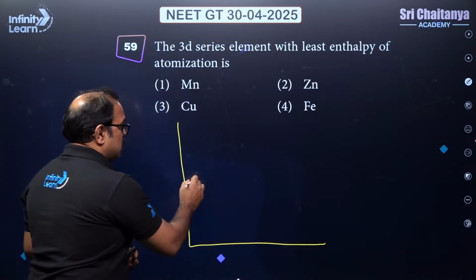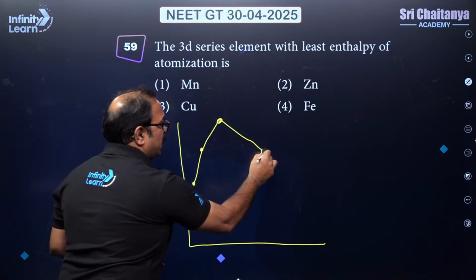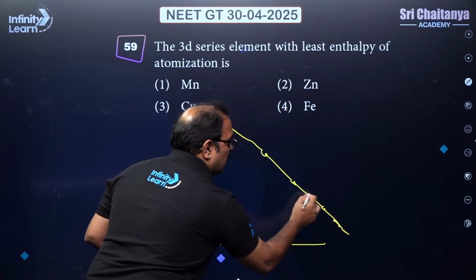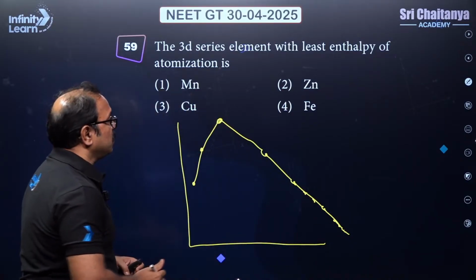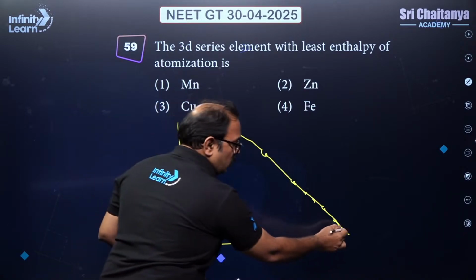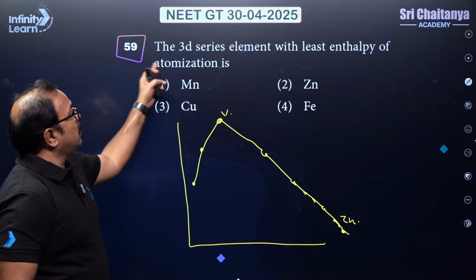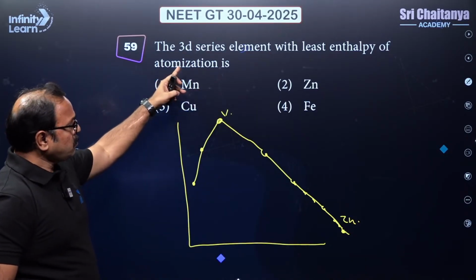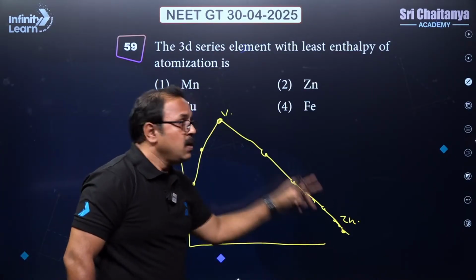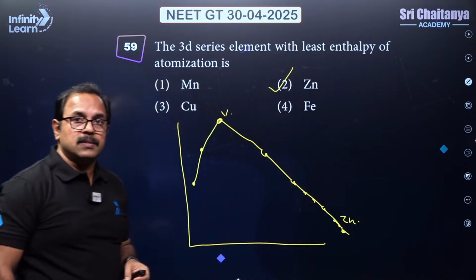Starting with scandium, you have titanium, vanadium, then it starts declining. Enthalpy of atomization, the highest value in this case, is vanadium. Then it goes down, and the lowest value is zinc. So the 3D series element with a high enthalpy of atomization would be vanadium, and the low will be zinc. In this particular case they have asked the least enthalpy of atomization, so zinc is the correct answer.